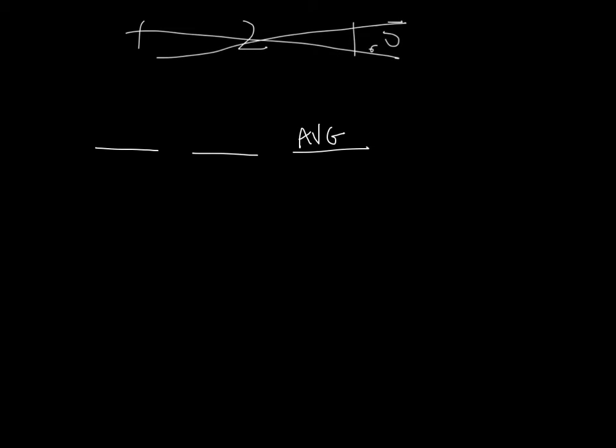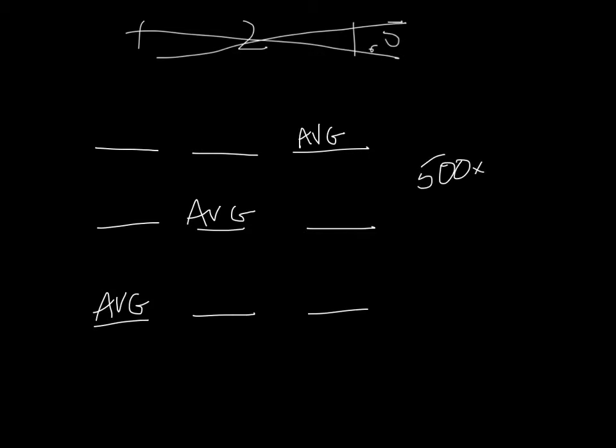I could have a number, the average, and then a number. Or I could have the average here, and then these 2 numbers. So I have 3 places. You need to multiply 500 times 250 times 3. That's pretty easy. I thought this would be harder.